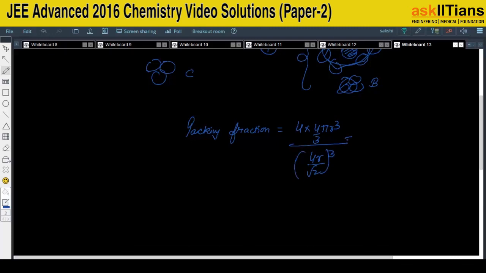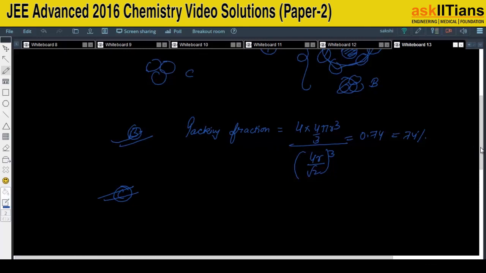If you solve this, you'll get 0.74 or 74%. So B is the correct option. Then we have the number of octahedral and tetrahedral voids per atom being 1 and 2 respectively. We can very easily say that each FCC unit has an effective number of atoms as 4. So octahedral voids are 4 and tetrahedral voids are 8. So per atom it is 1 and 2 respectively. Again, option C is correct.